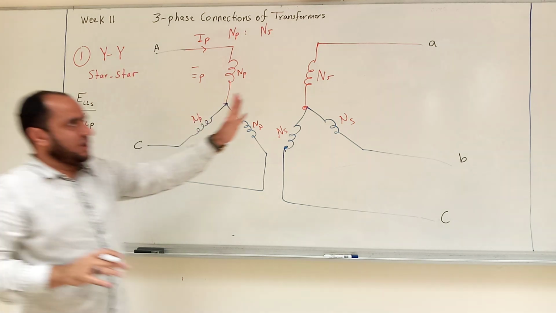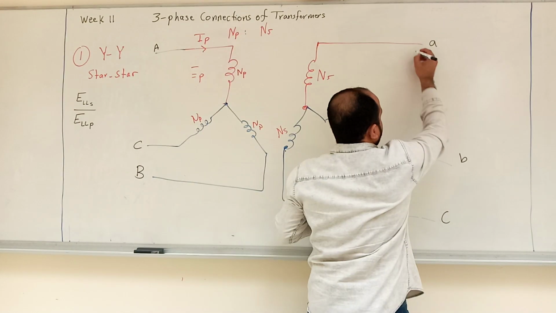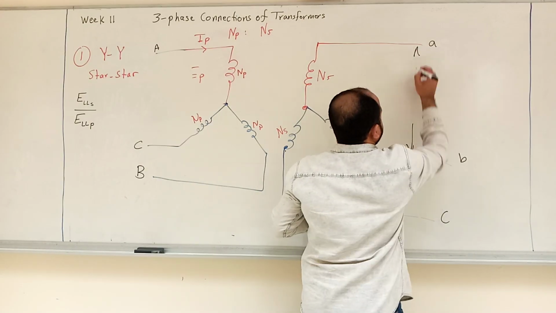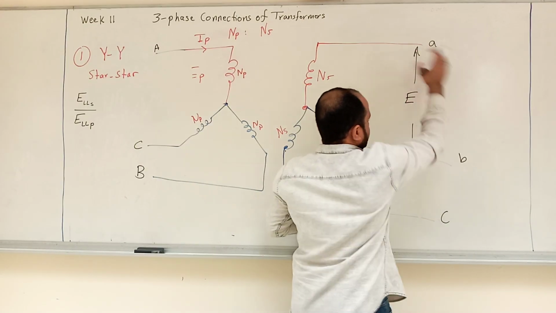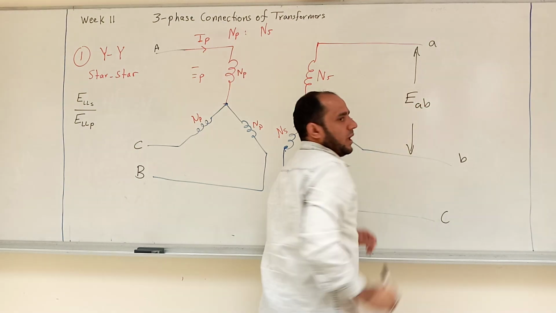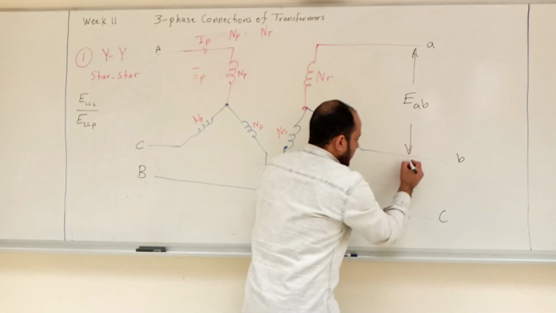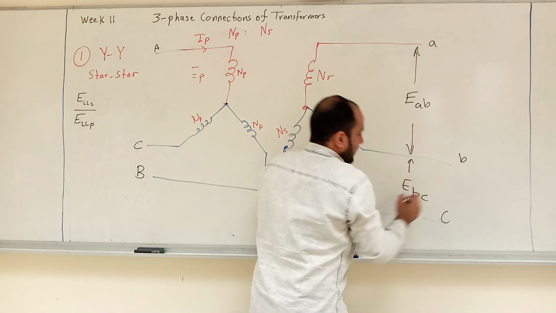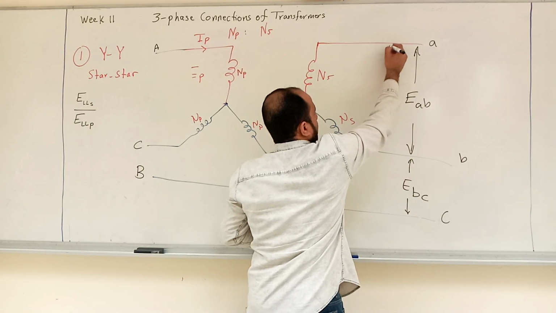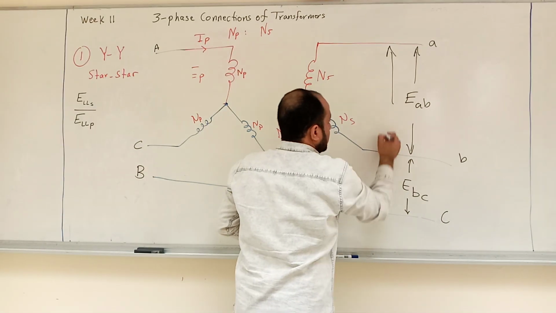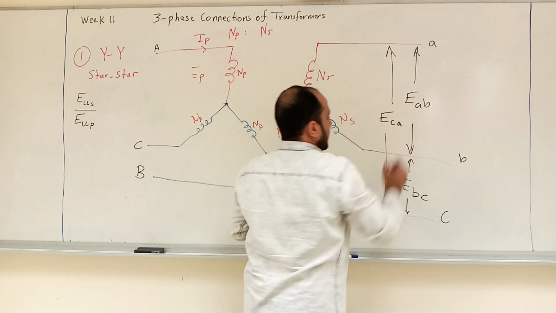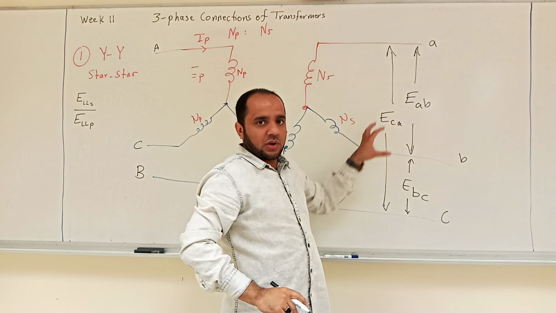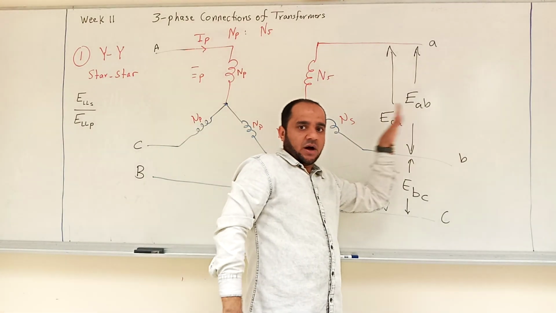For example, from here to here, this is E line-to-line, it's E AB, right? This one is E BC, right? And from here to here, this is E CA, right? All line-to-line voltages in the secondary side.